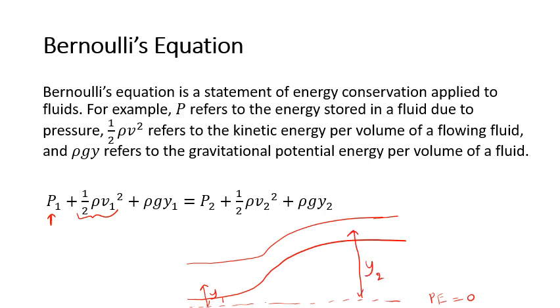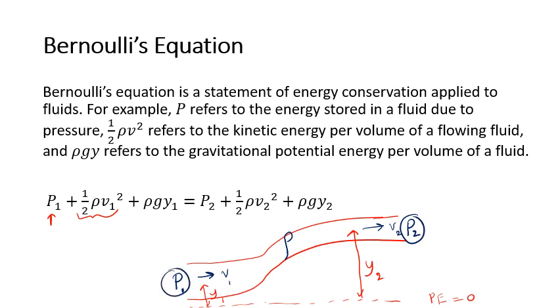The water is flowing with the speed of v1 over here, and over here the speed of the liquid is v2. The density of the fluid, rho, remains constant. This is the P1 pressure at this point, and we have P2 pressure at this point.